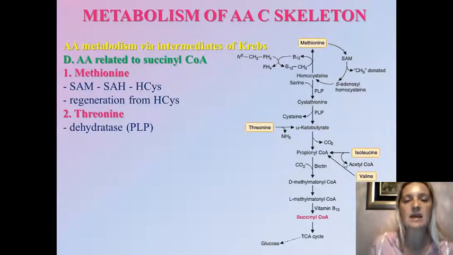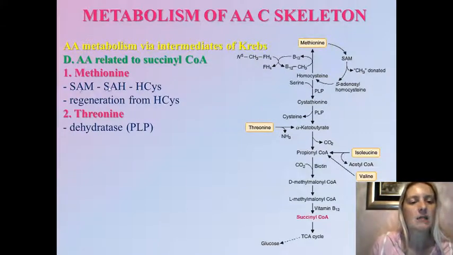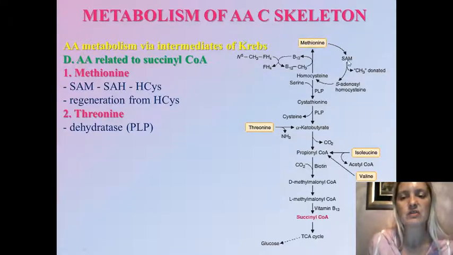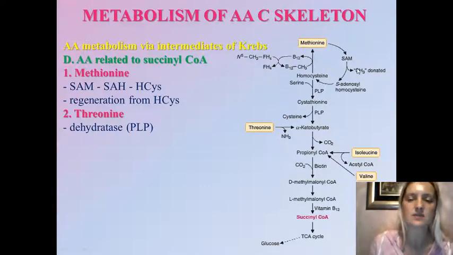So speaking individually, methionine undergoes degradation through transformation to S-adenosyl methionine, and then upon the subsequent removal of the methyl group, which is donated for some other processes, S-adenosyl homocysteine is formed, which is converted to homocysteine.